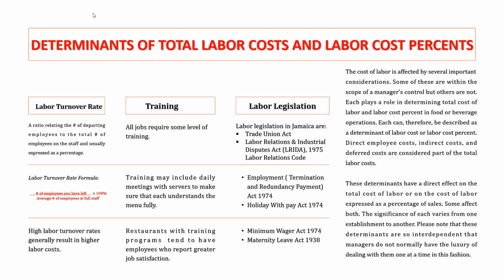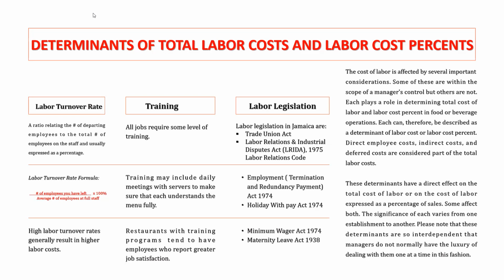Over the years, studies have shown that the relationship between extent of training and turnover rate is positive. Generally, restaurants with training programs that are both extensive and effective tend to have employees who report greater job satisfaction than those in restaurants where training is ignored.